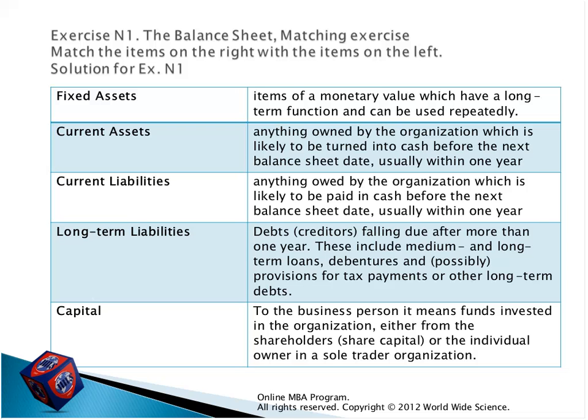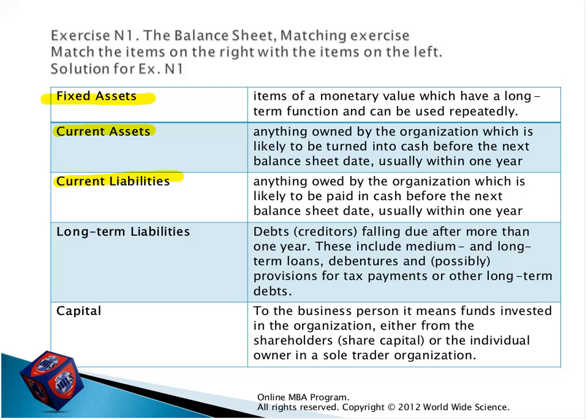Items of monetary value which have a long-term factor and can be used repeatedly. A current asset is anything owned by the organization which is likely to be turned into cash before the next balance sheet date, usually within 1 year. A current liability is anything owed by the organization which is likely to be paid in cash before the next balance sheet date, usually within 1 year.